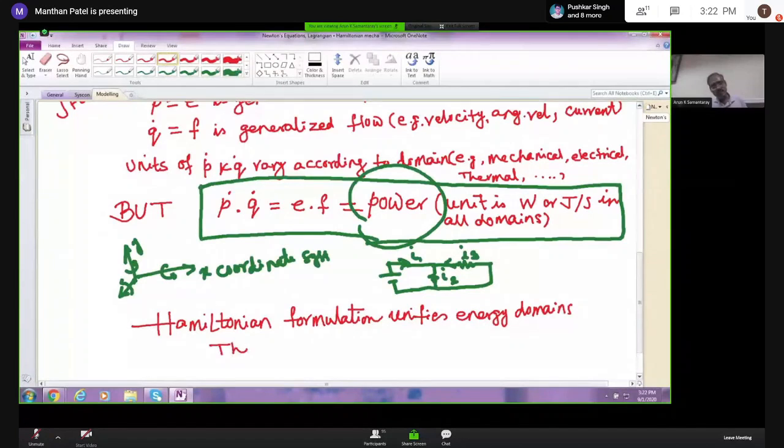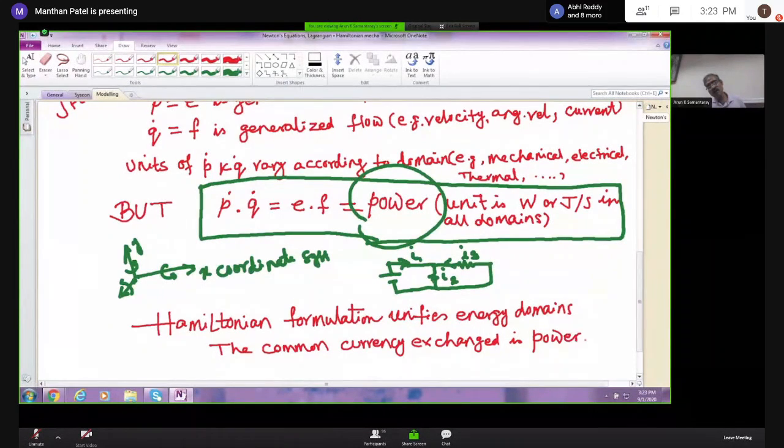The common currency exchanged is power. So even if you have different energy domains, what is being exchanged between them is power. Power is the thing that will be exchanged between electrical, mechanical, thermal or other domains. And the Hamiltonian formulation is a means to represent that dynamics.